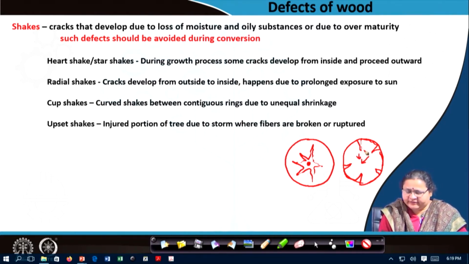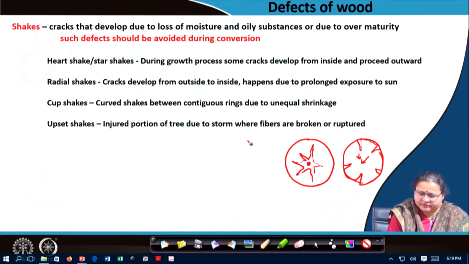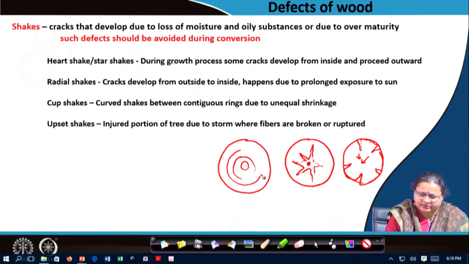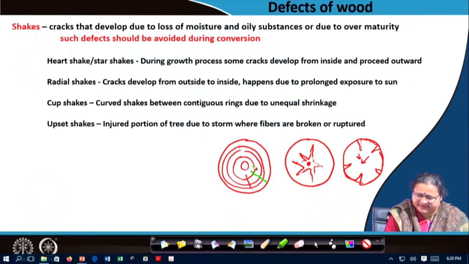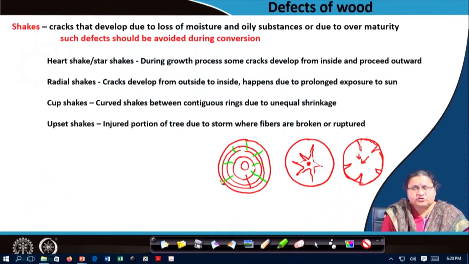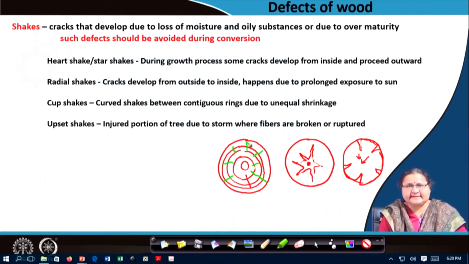Then you may have radial shakes, where along the annual ring you will find cracks generating radially outward. For all these cases, if you go for radial conversion, you can maximize your good quality wood.